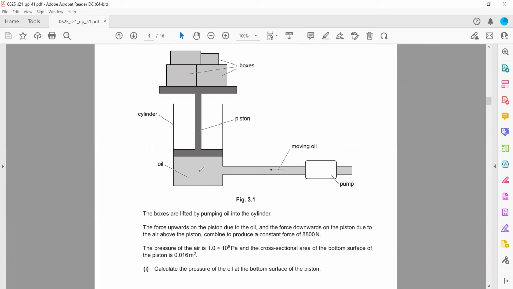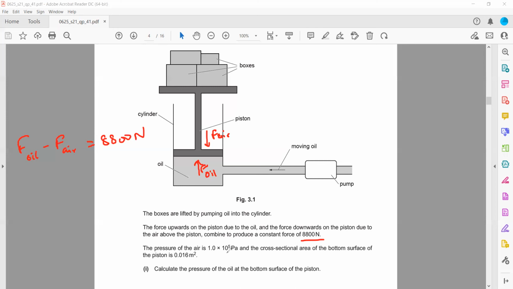So there is a force of the oil and there is a force of the air. Combined, the resultant force is 8,800 Newton. It means the force of oil is up, the force of air is down. So we can say the force of oil minus the force of air, because they're in opposite directions, and the result is 8,800 Newton.